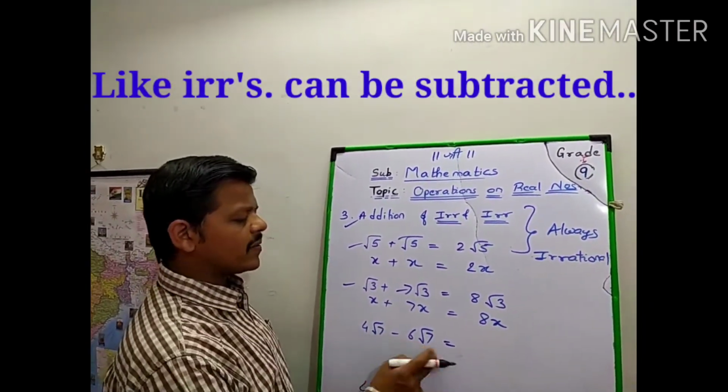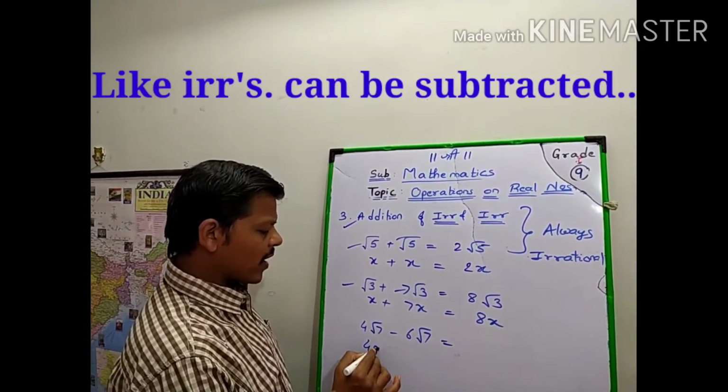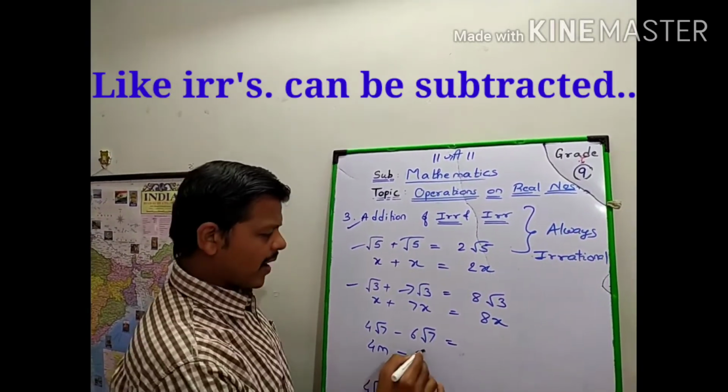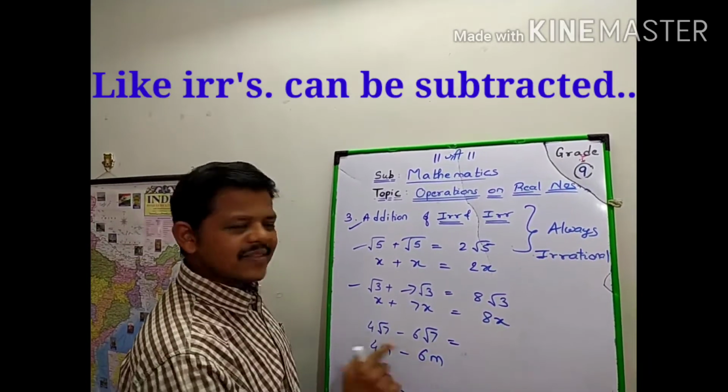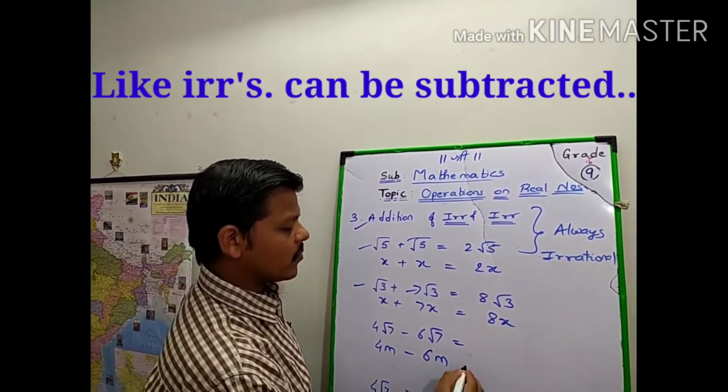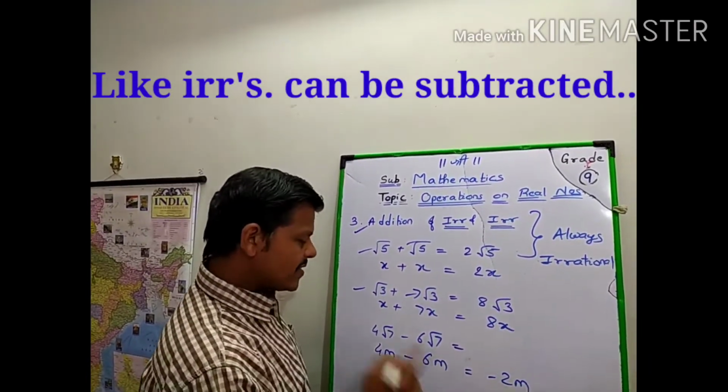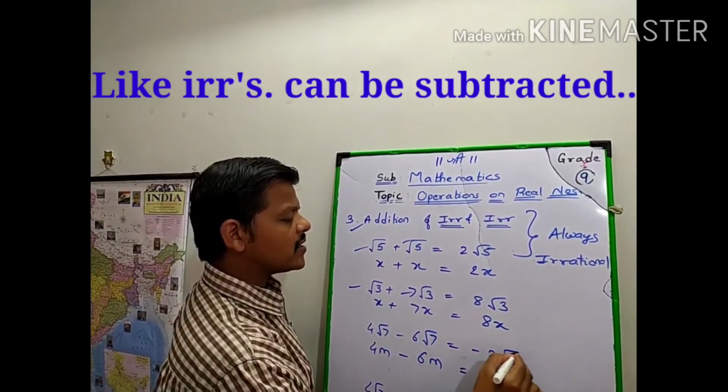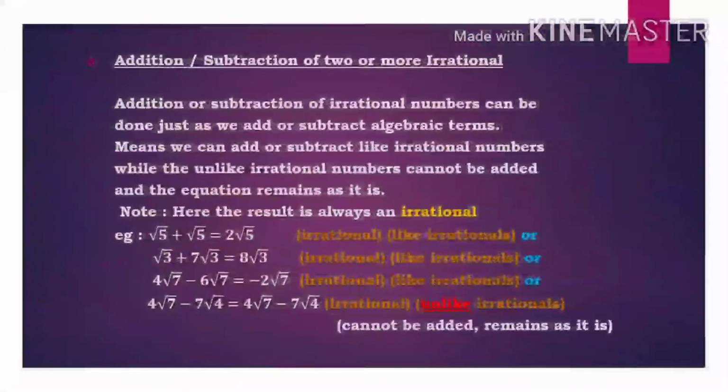So 4 root 7 minus 6 root 7: again the same thing, 4m minus 6m, where 4m and 6m are like terms. 4m minus 6m was minus 2m. Similarly over here this would give you minus 2 times root 7.